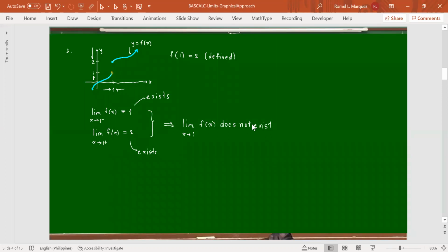Our goal is to tend to one value as I travel along the curve coming from the left and from the right, approaching a specific value of x. So in this case, the function is defined, but the limit does not exist, although the limit from the left and the limit from the right both exist.